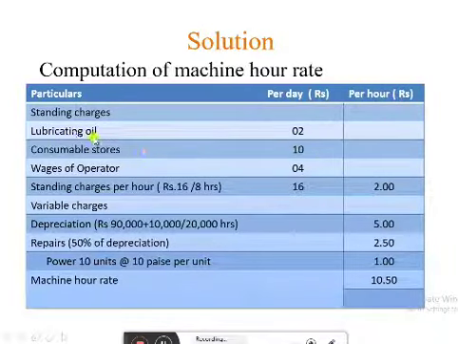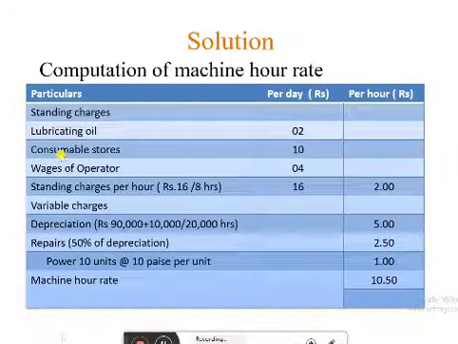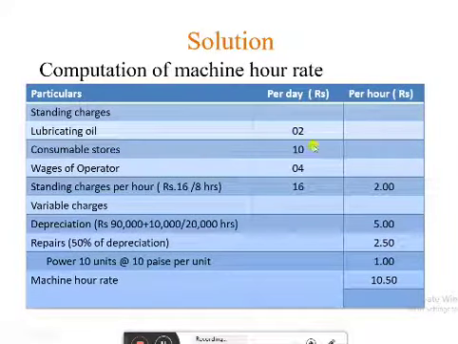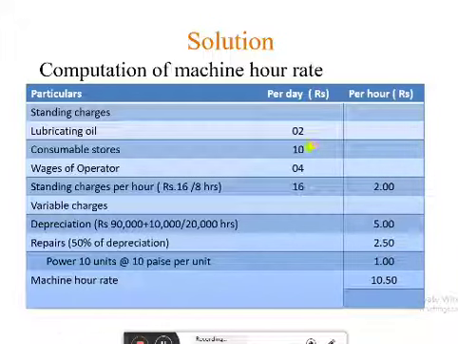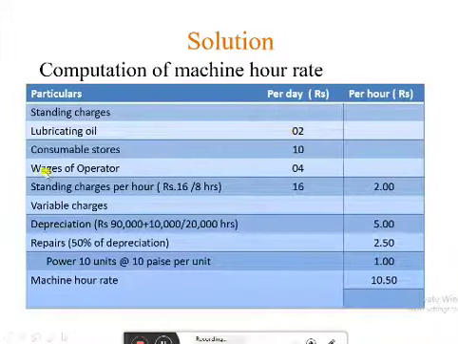Consumable stores is 10 rupees per day, as per the information given. Next, wages of the operator is 4 rupees per day. These are all called the standing charges.